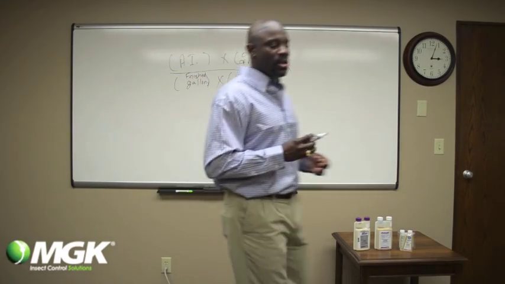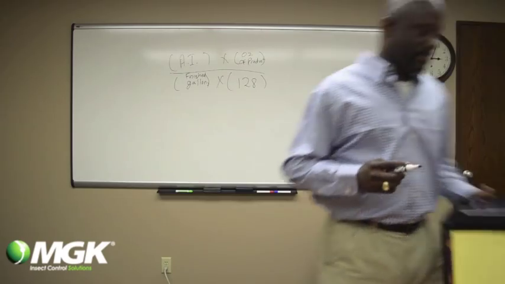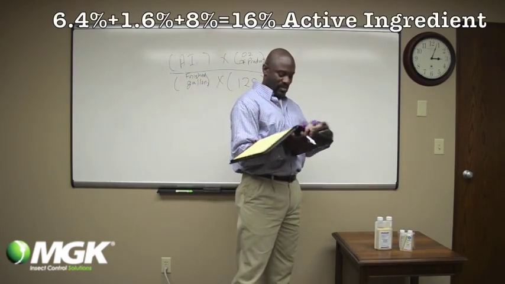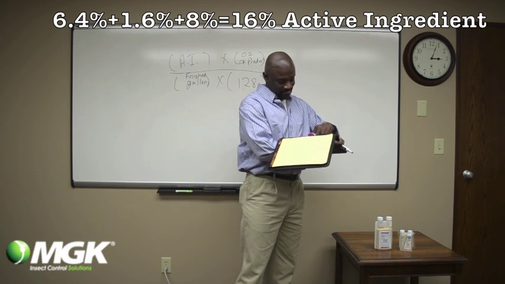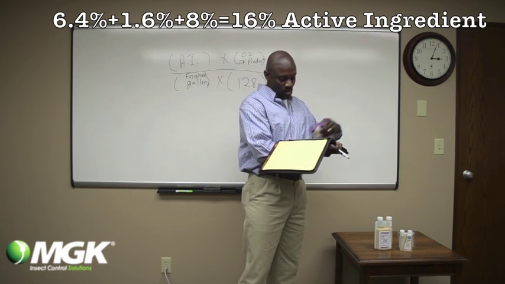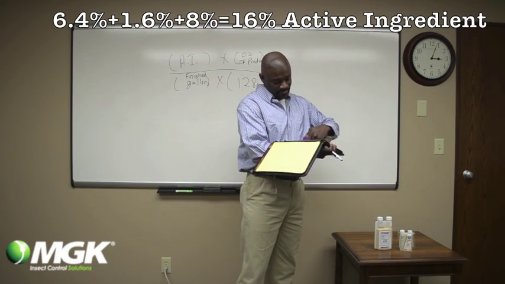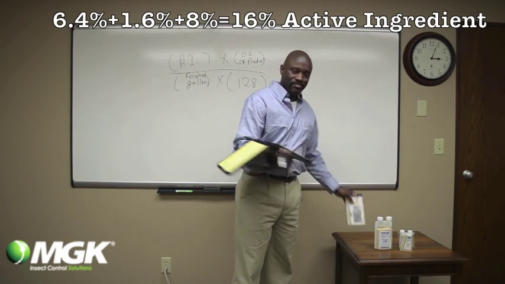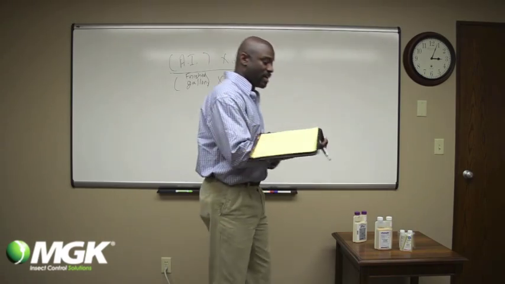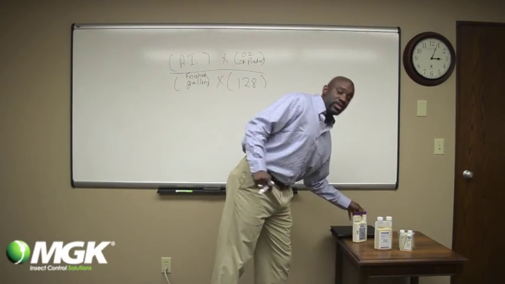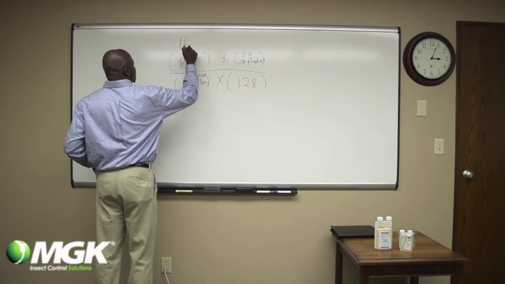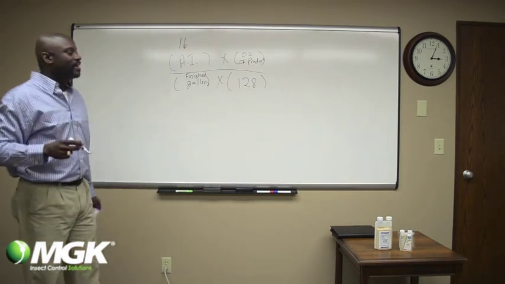So if you take those numbers and add them together, 6.4 plus 1.6 plus 8 is 16% active. So that's the number we've got to work with, is 16%. So where we once put 6.4%, we're going to put 16% active.